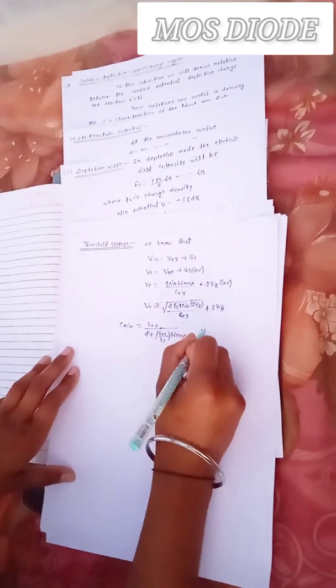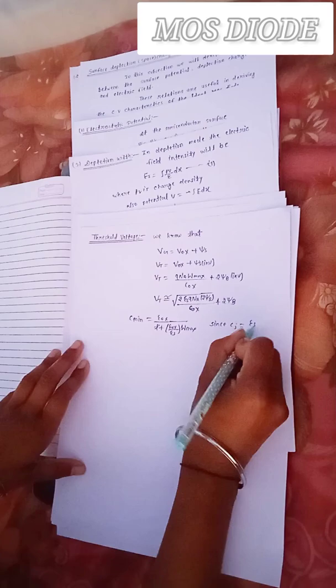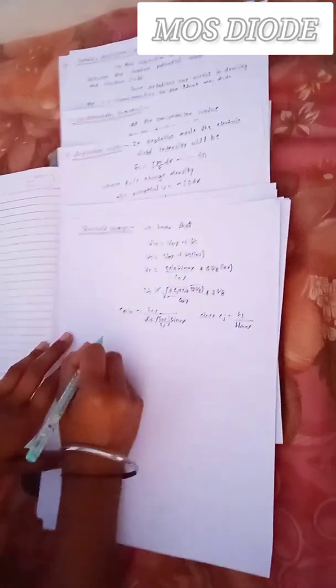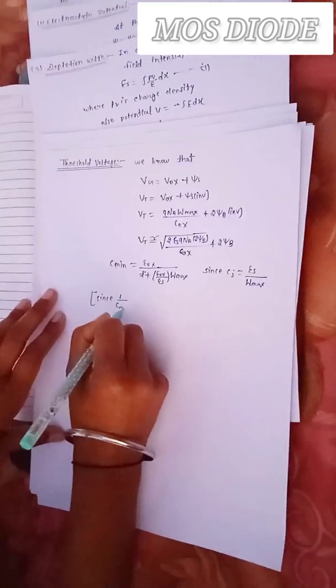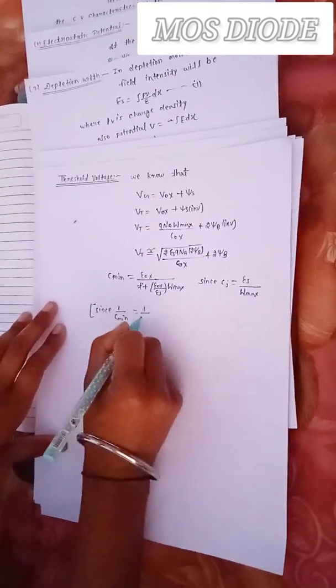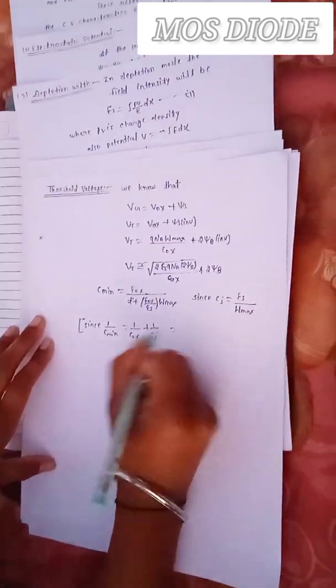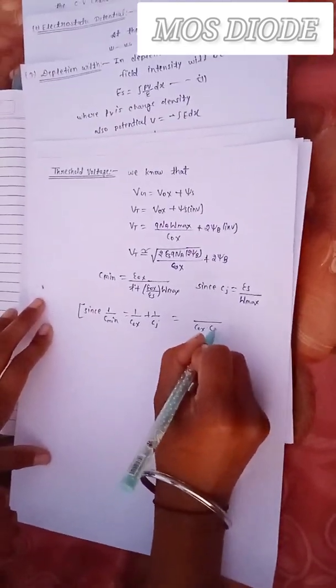So since Cj is equal to epsilon s upon W maximum, so then 1 upon C minimum is equal to 1 upon C ox plus 1 upon Cj. So the LCM of C ox and Cj is C ox into Cj.